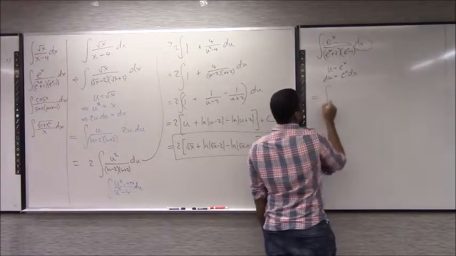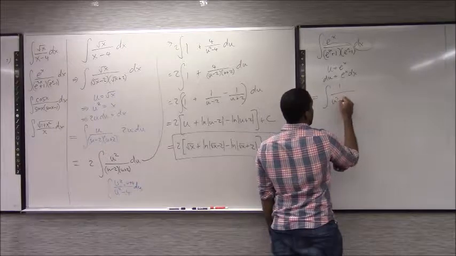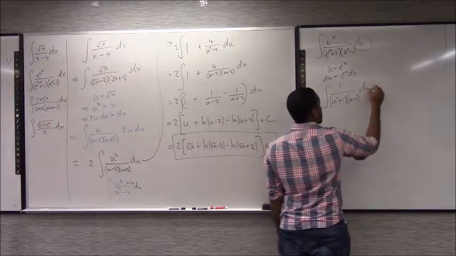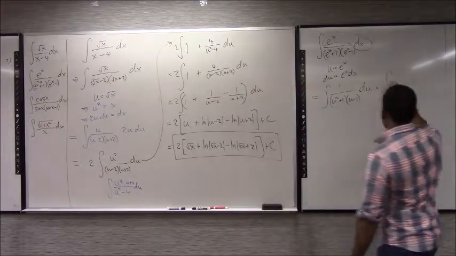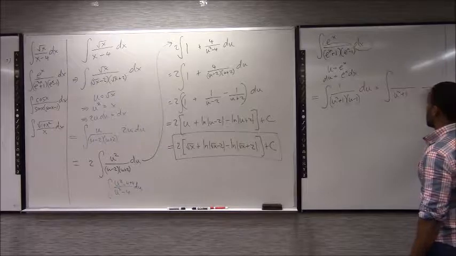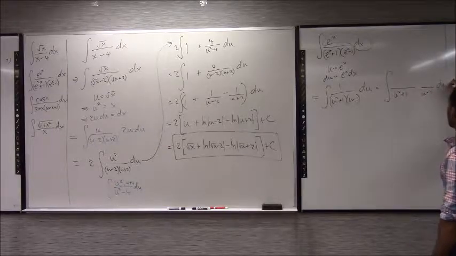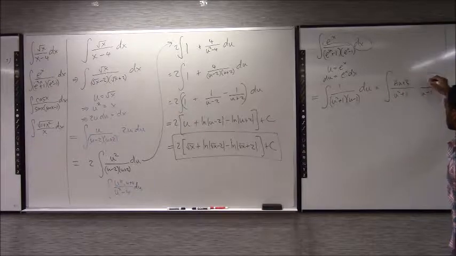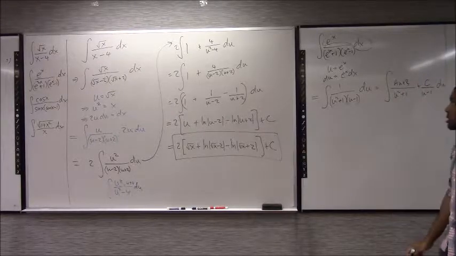So the integral would then become 1 over u squared plus 1 times u minus 1. And then this guy you would break up into something over u squared plus 1, u minus 1. So this would be like an Au plus B. This would be like a C. And then you continue.